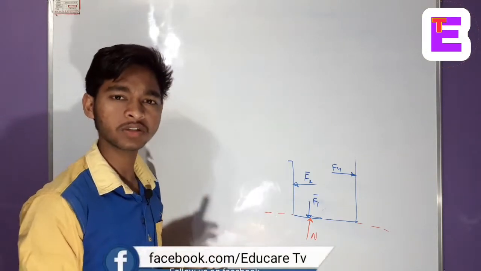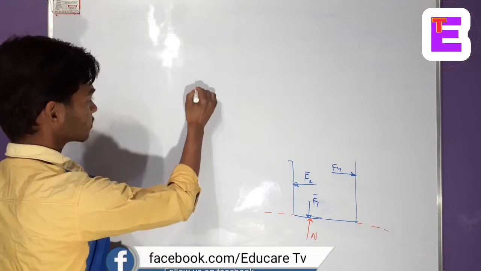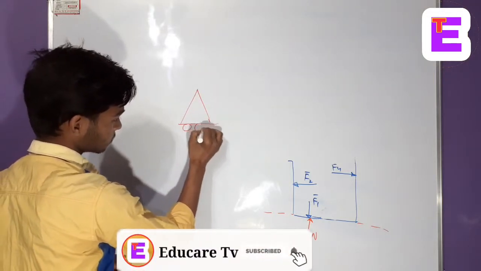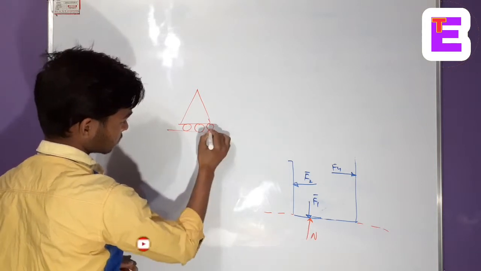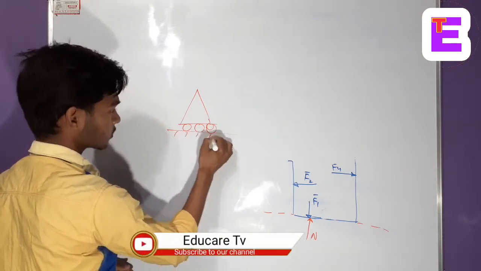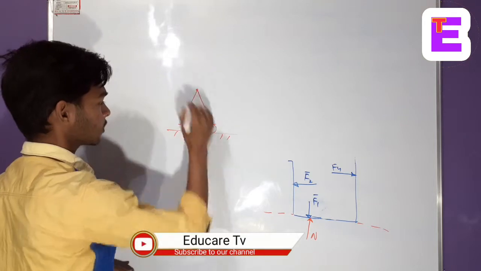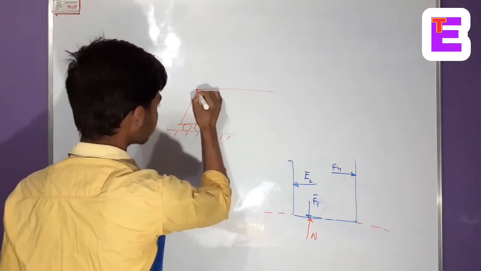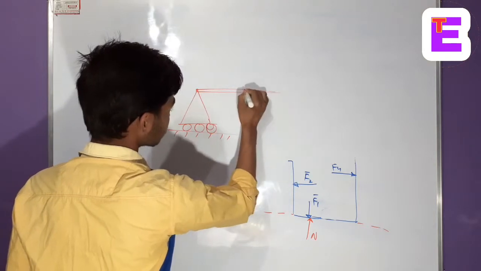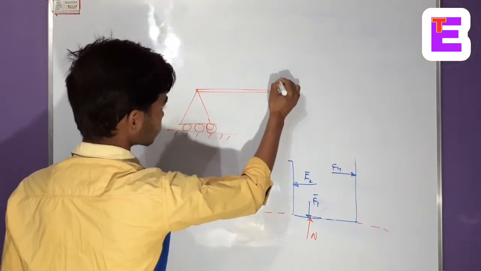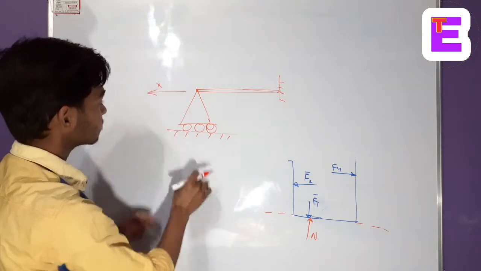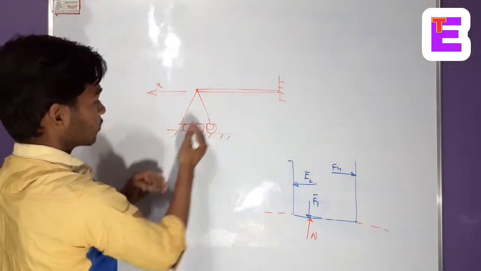What this roller support is, basically we denote it like this. This is our roller support. What it does is, in this direction it can move with this roller.